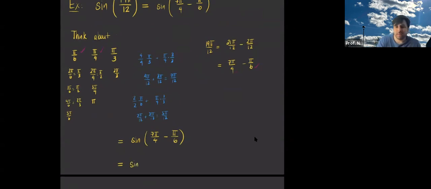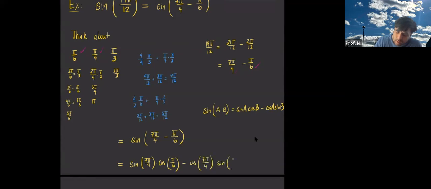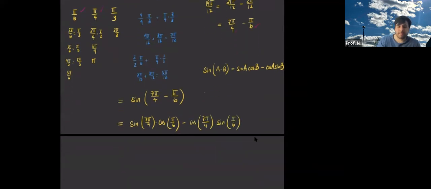Remember, sine of A minus B equals sine A cosine B minus cosine A sine B. So this will be sine of 7 pi over 4 times cosine of pi over 6 minus cosine 7 pi over 4 times sine of pi over 6.